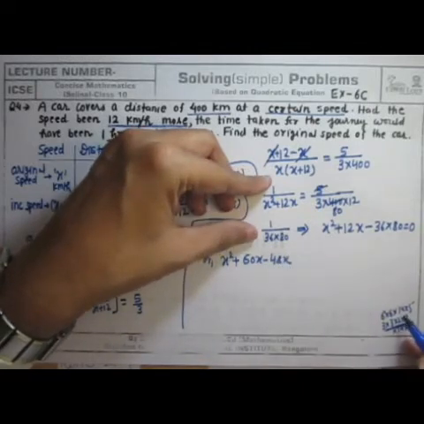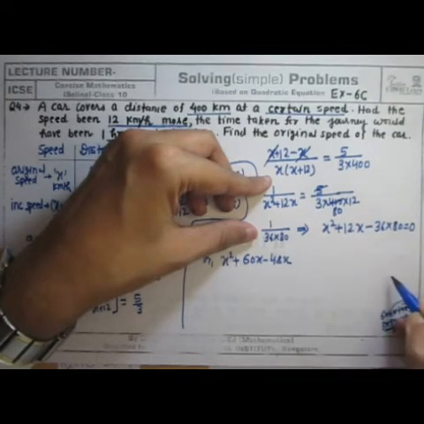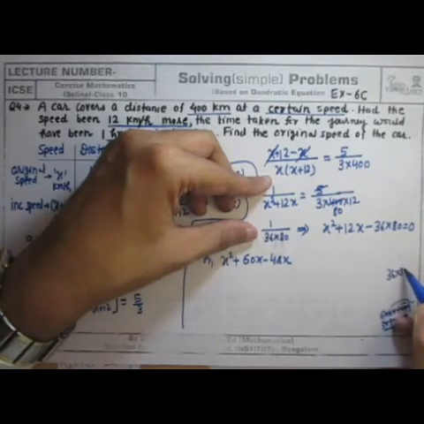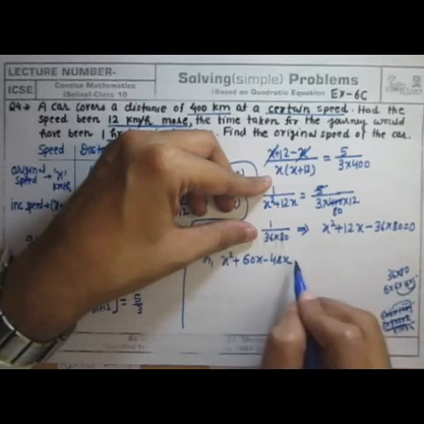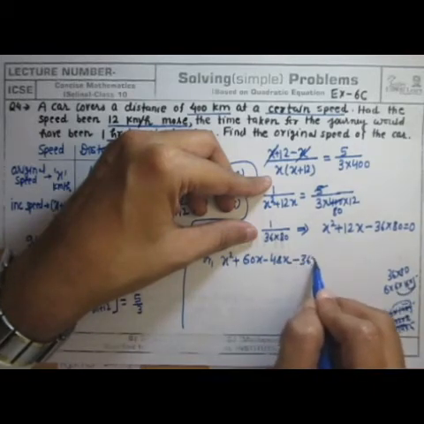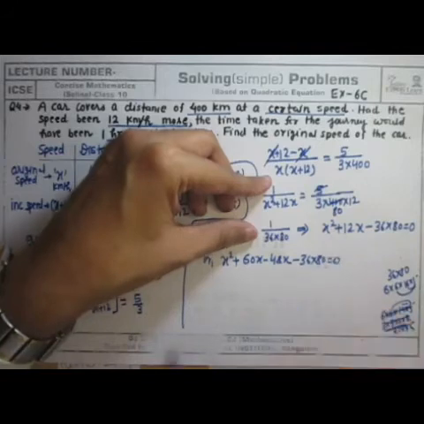60 we get from here: 6 fives are 30, 30 into 2. 36 into 80, so 6 into 6 into 16 into 5, sorry. So 6 fives are 30, 30 twos are 60, and 48, okay, correct. It is minus 36 into 80 equal to 0.